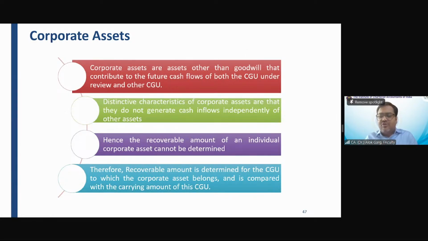To cut a long story short, the corporate asset does not generate cash flow and hence recoverable value cannot be determined, and hence to check the impairment loss on a corporate asset, it has to be clubbed with the other CGU to which it belongs. Then we need to compute the recoverable value of the cash generating unit, the impairment loss on the cash generating unit, and allocate the impairment loss on corporate assets and the other assets of that cash generating unit.